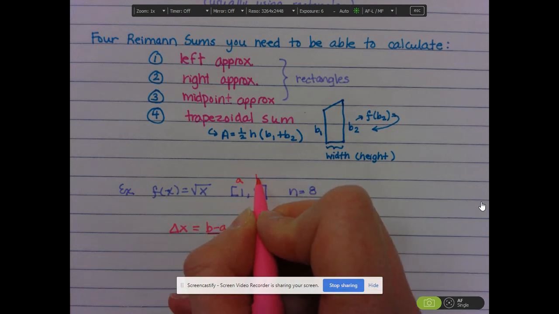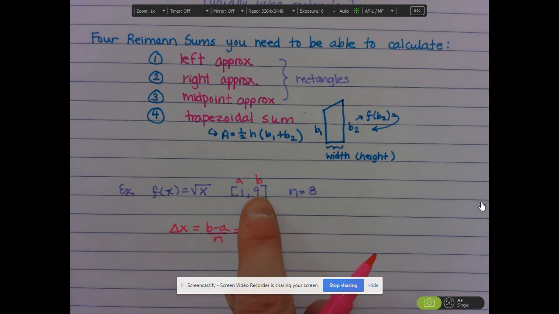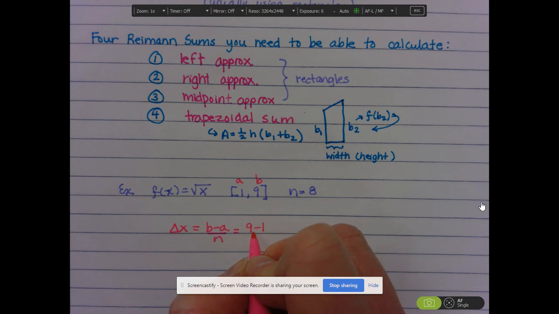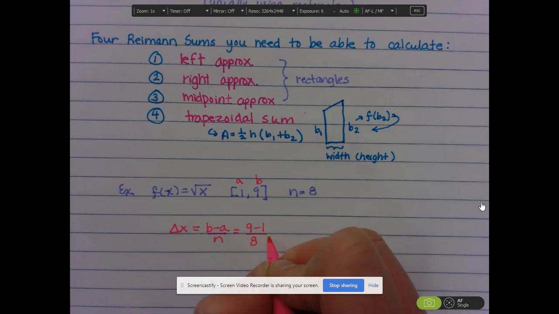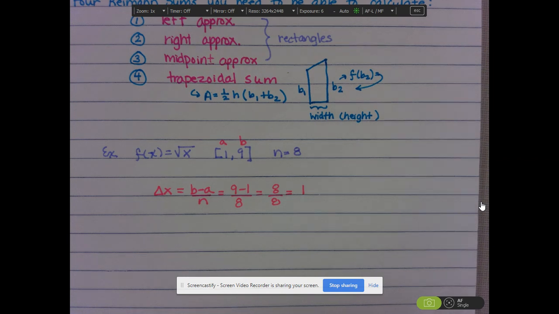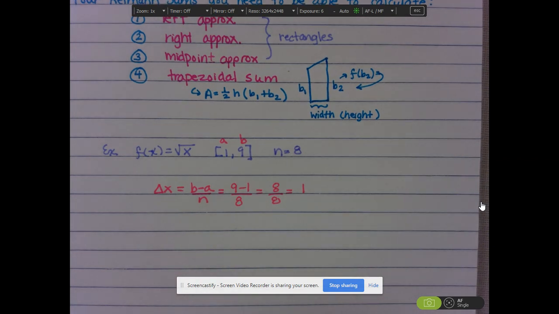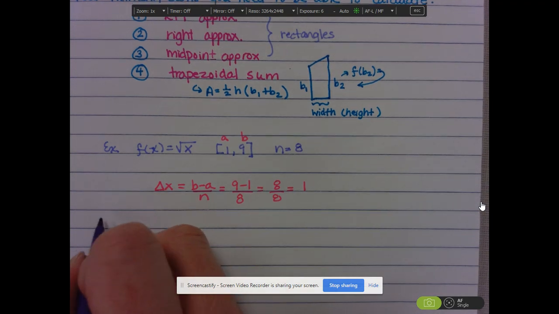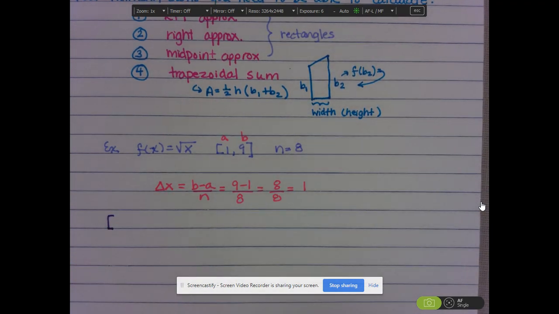Here's my a, here's my b, my lower end, my upper end, 9 minus 1 over 8. So our width of each rectangle is going to be 1. Simple enough. My intervals, I always draw my intervals. I encourage all of you to draw your intervals and write them out. It makes life so much easier when you're doing Riemann sums.